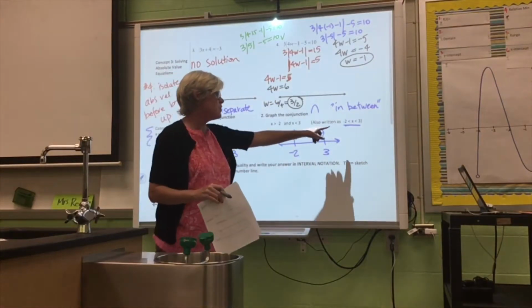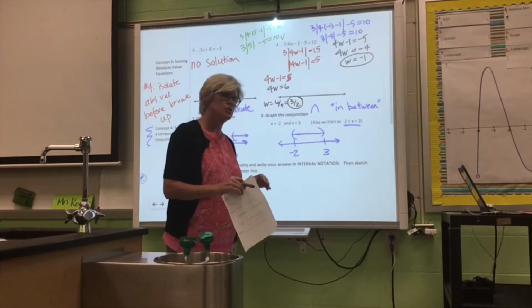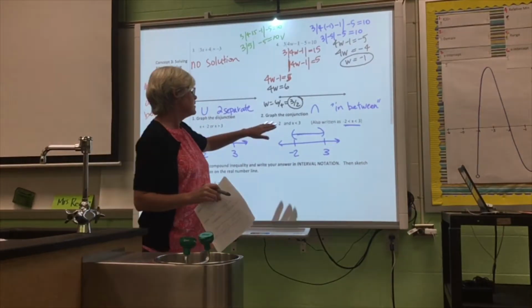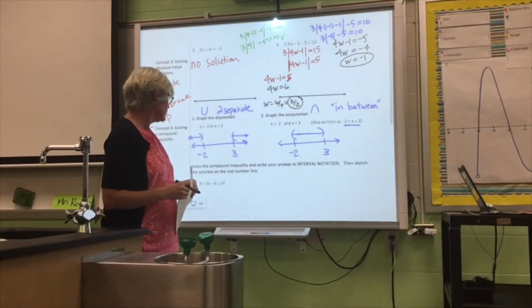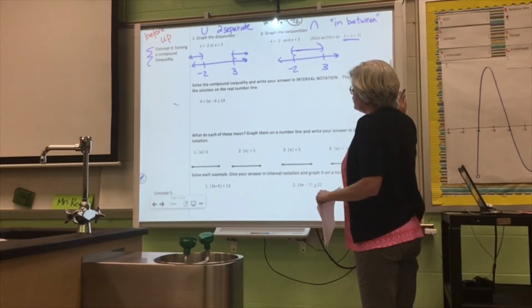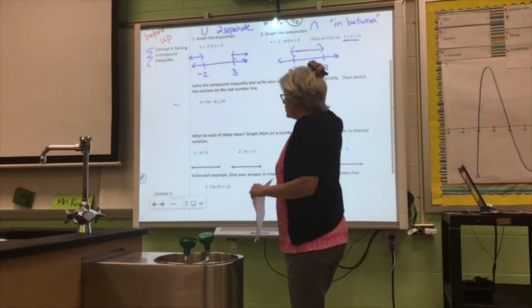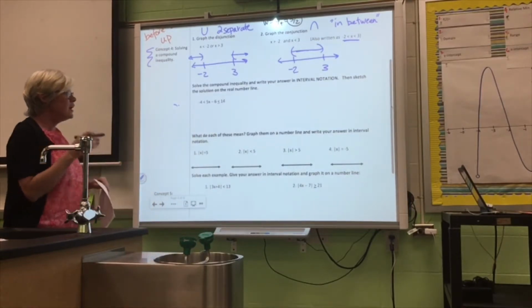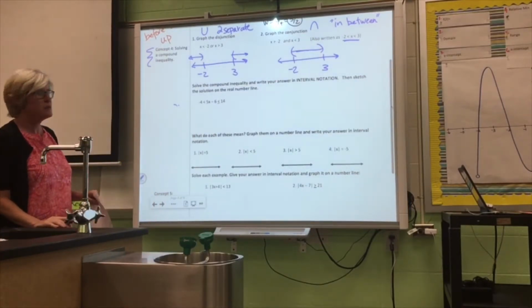That's the exact same thing as this, between -2 and 3. So this is an or, this is an and. And that is related, like I said, to absolute value. So let's go ahead and solve a compound inequality, and then we can go down to absolute values.